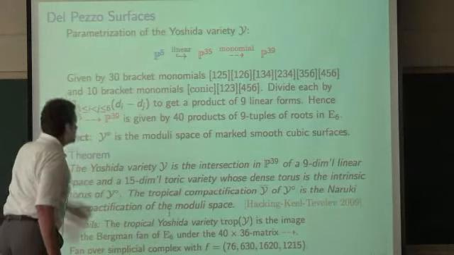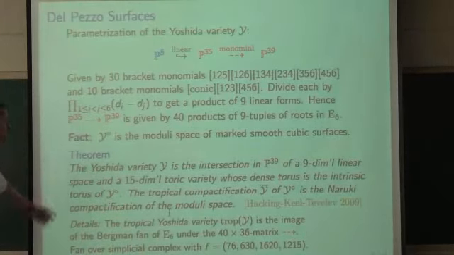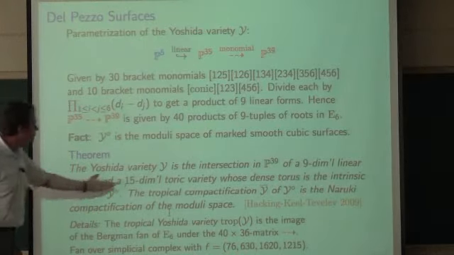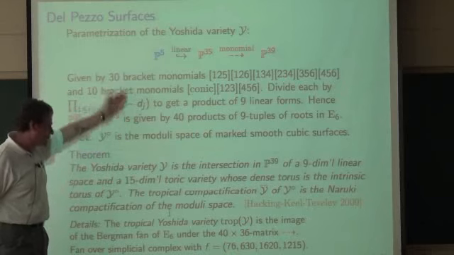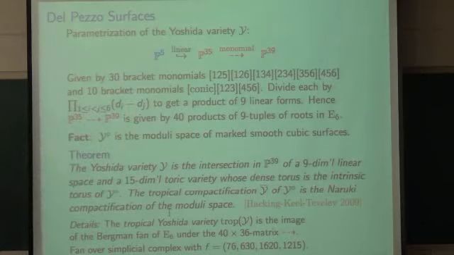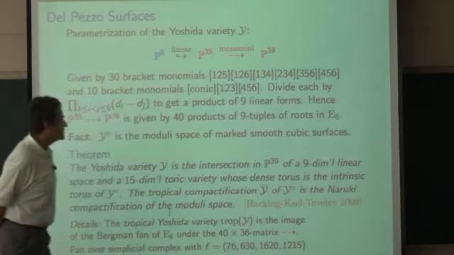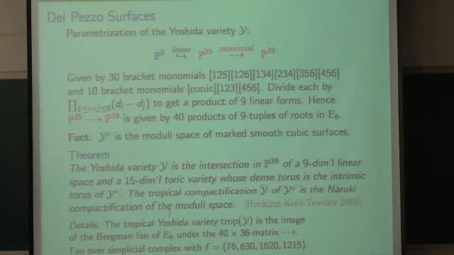Now the closure, the Yoshida variety, here's a nice description. It's the intersection of a 9-dimensional linear space and a 15-dimensional toric variety, that toric variety. That's the intrinsic torus, and this resulting tropical compactification is the Naruki compactification of the moduli space. This was described, for example, in an Inventiones paper by Hacking, Keel, and Tevelev.